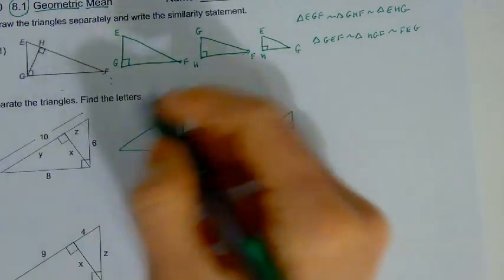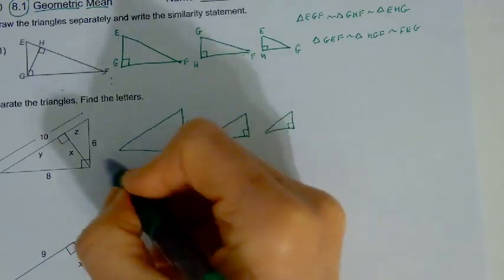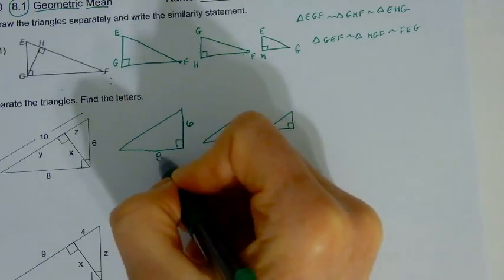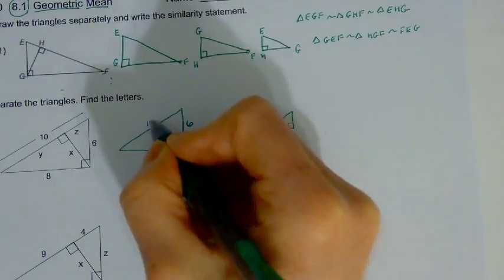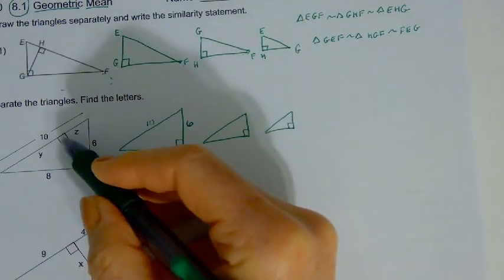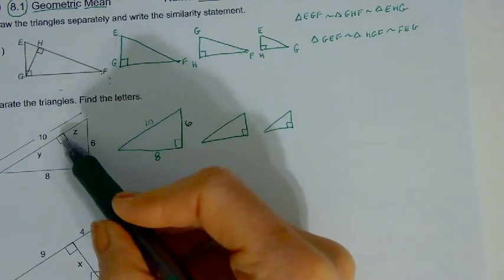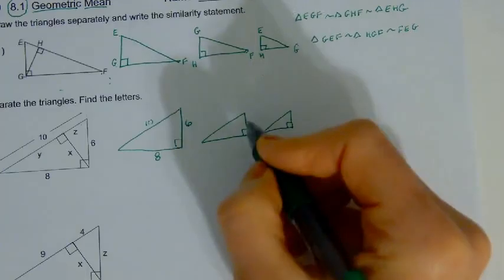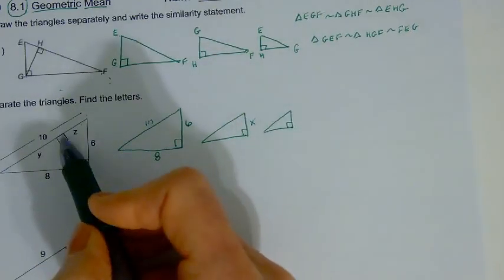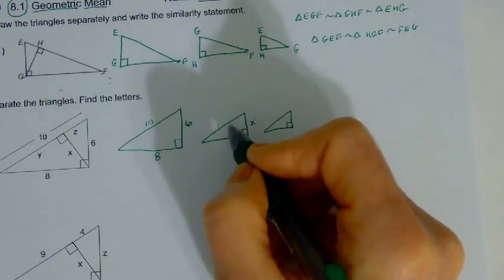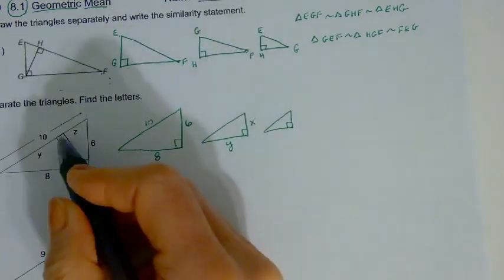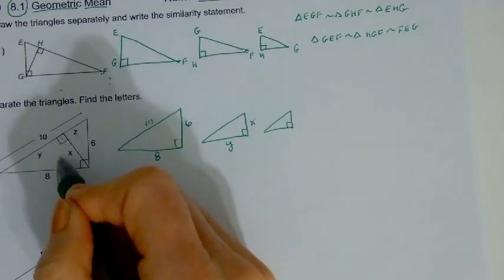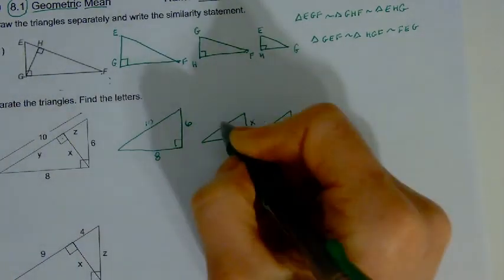So the big triangle, this short leg is 6, the long leg is 8, and the hypotenuse is 10. In the medium-sized triangle, I see that the short leg here is X, the long leg is Y, and the hypotenuse, remember the side opposite that right angle, is 8.